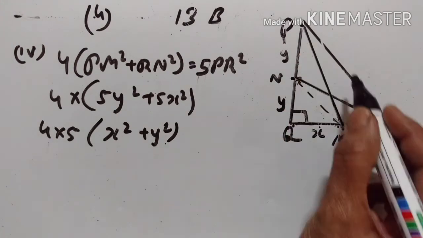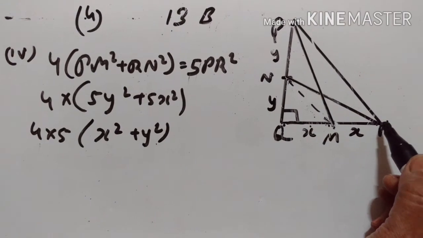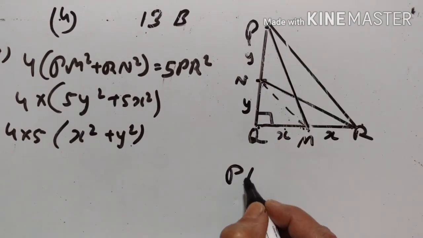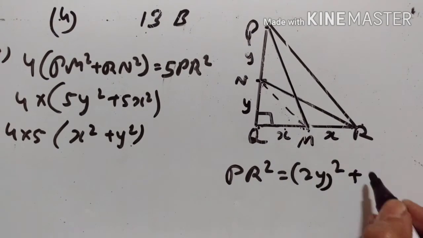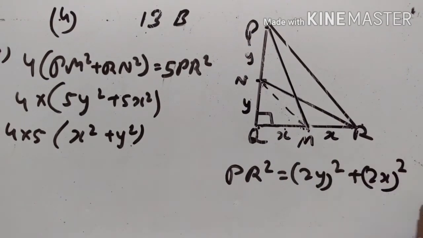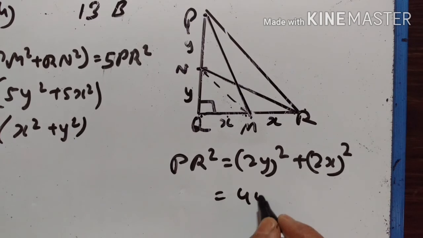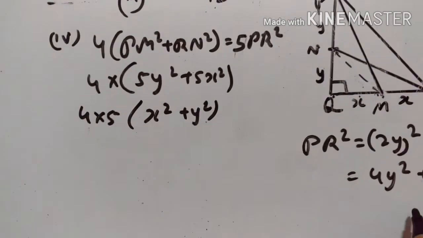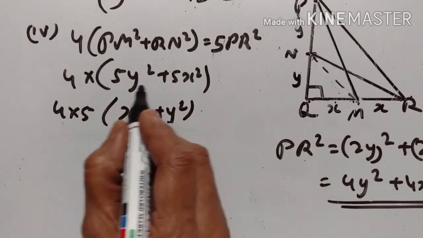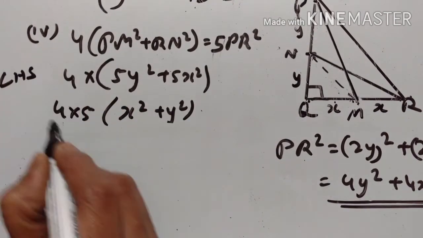Now PR squared is equal to what? PR square is equal to 2y square plus 2x square. This is equal to 4y square plus 4x square. So this is LHS.